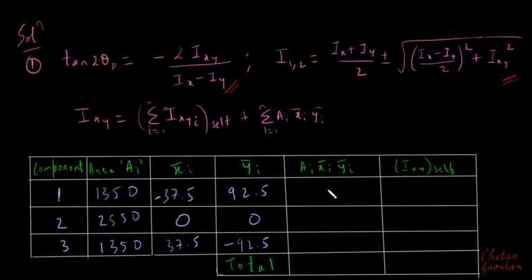So finally, I want this value, that is A i, x bar i, y bar i. It will be the multiplication of this value, this value and this value.